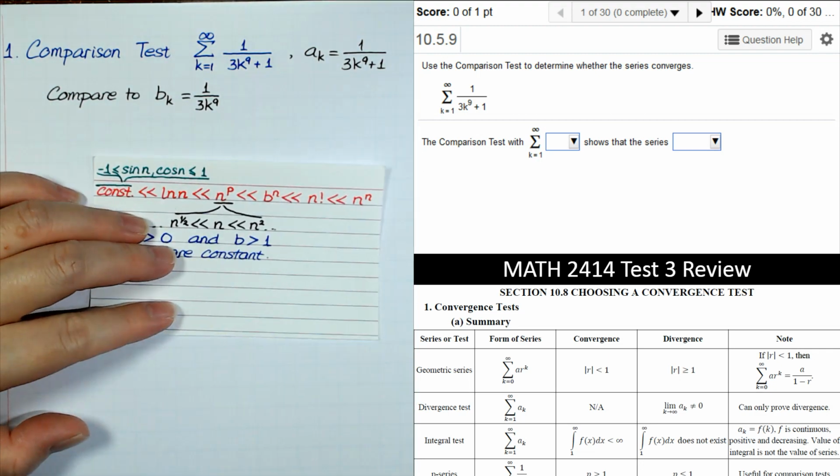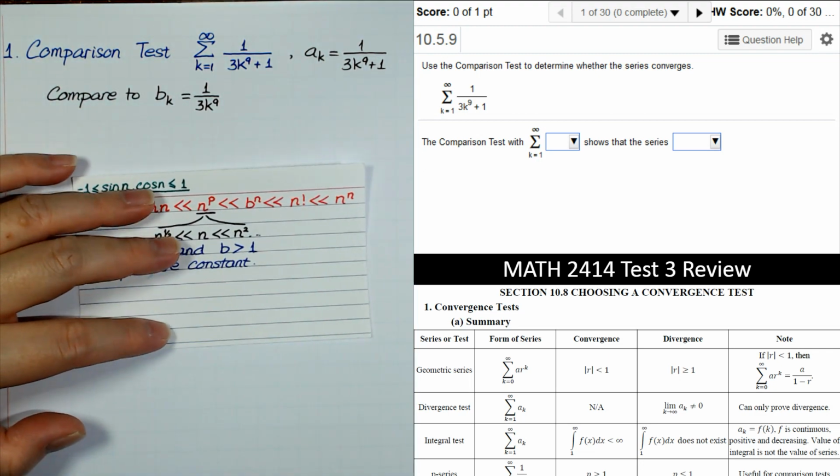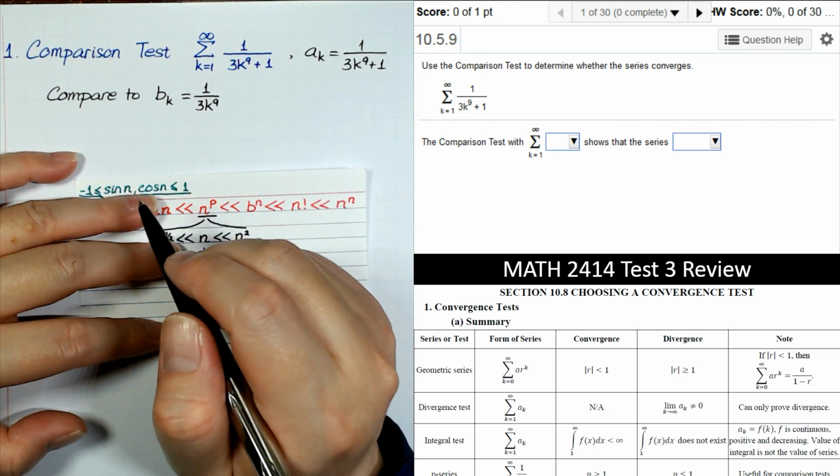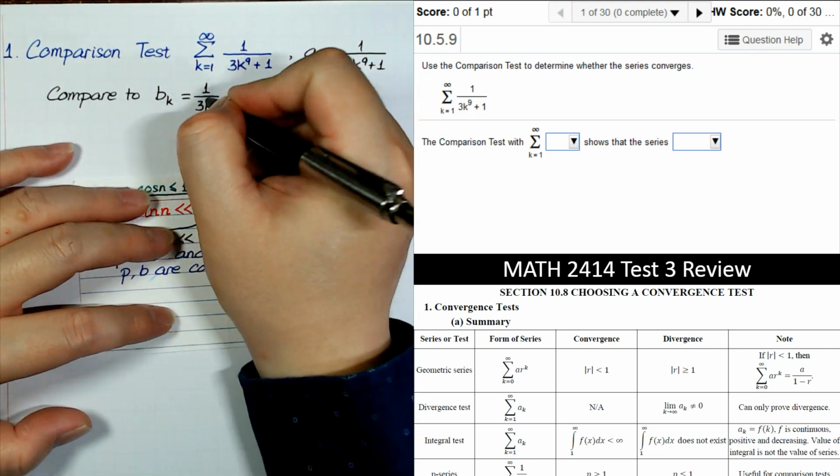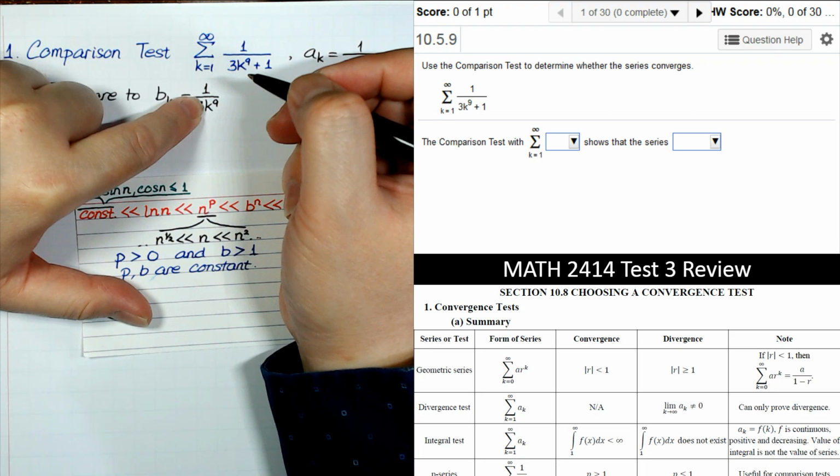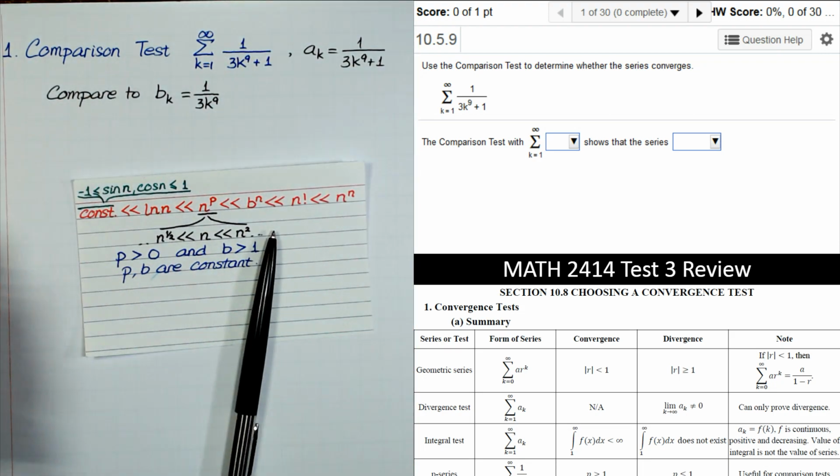Right. Now, certainly we can compare to this, or we can also compare to the one without the 3. Let's see what we have here. So those are the options.